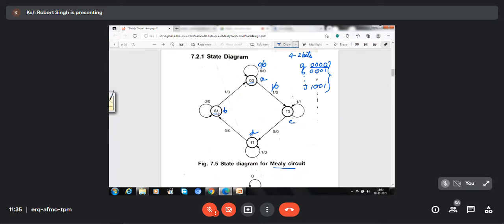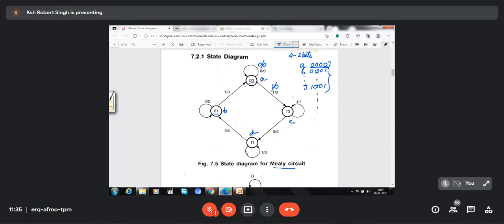This B will go to A when input is 1 and during the time output will be 0. It will remain in B when the input is 0. During the time output also will be 0. There is another state called D. It goes to B when the input is 0 and output is 0 at the time.